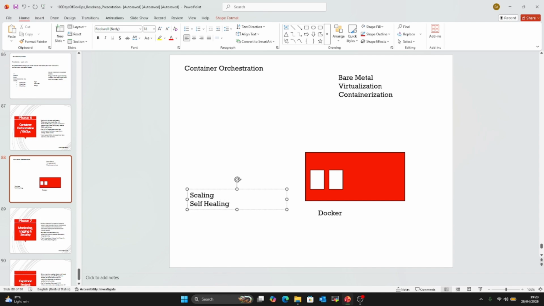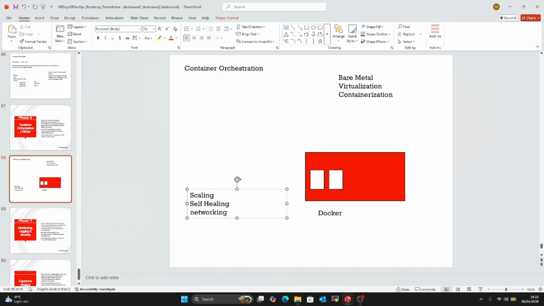This is another challenge when it comes to Docker, right? Now, how do these containers even talk to each other? Networking. Yes, we have Docker networking and all of that, but Docker does not really offer that advanced form of networking when it comes to containers talking to each other.